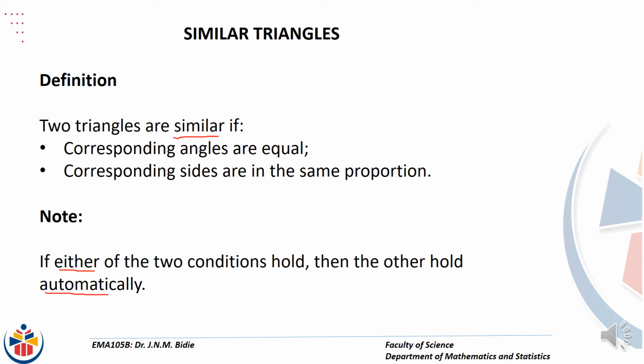So if you've proven that corresponding angles are equal, that means the two triangles are equiangular, then it means the corresponding sides are in the same proportion. They are not equal, but are in the same proportion.